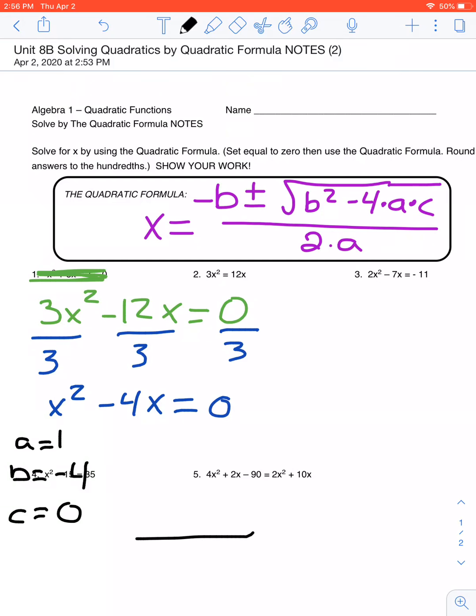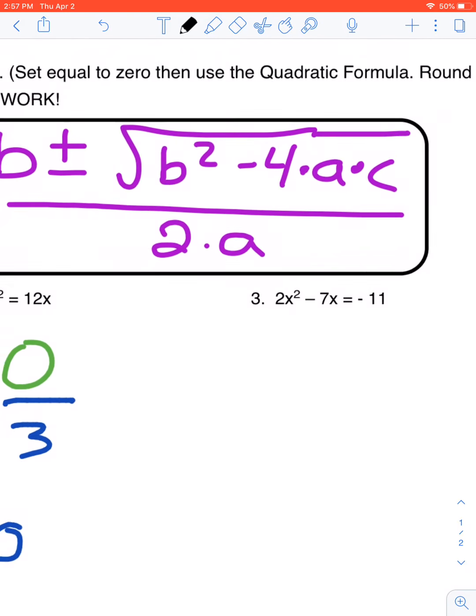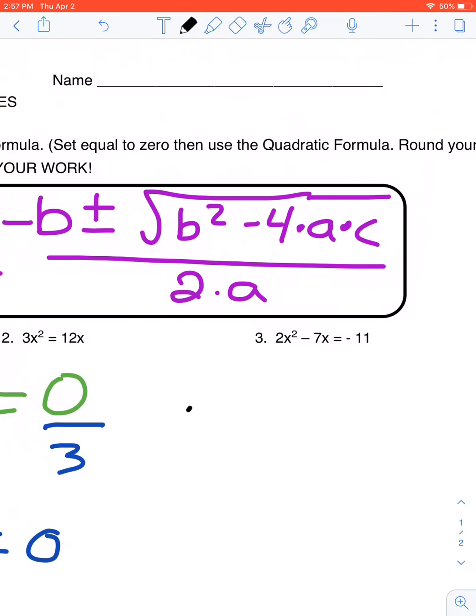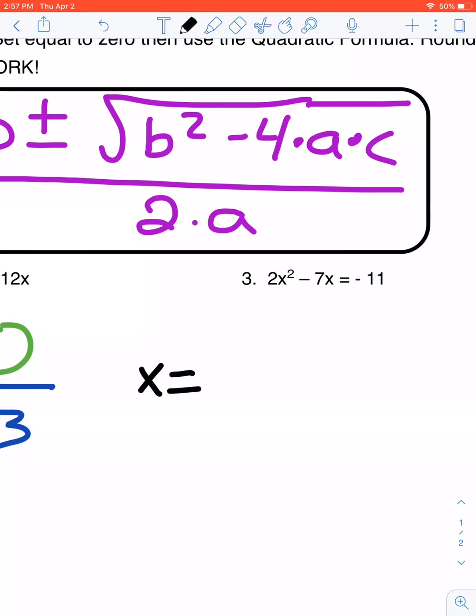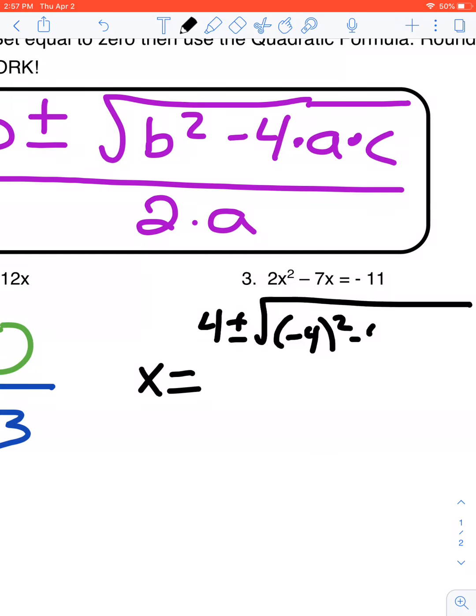So now what I'm going to do is take this problem, write it on the paper right over here and just plug it into this equation. So I get x equals negative b. Well, if I look back at b, b is negative 4. So that's going to be a positive 4 there, plus or minus the square root of negative 4 squared minus 4 times a times c all over 2 times a.